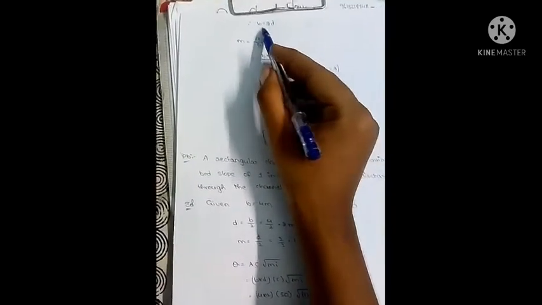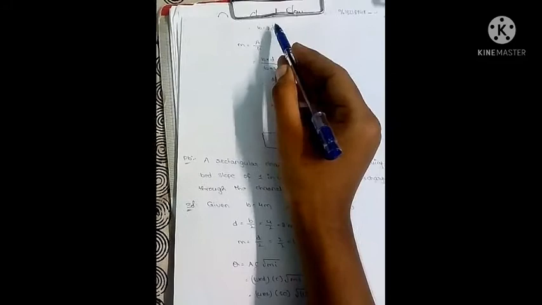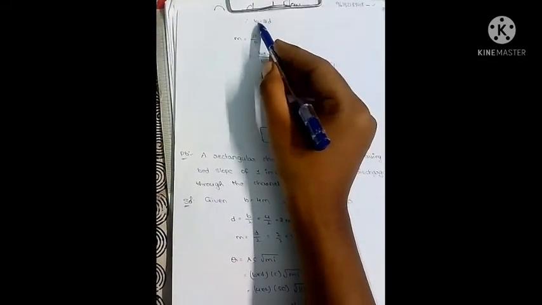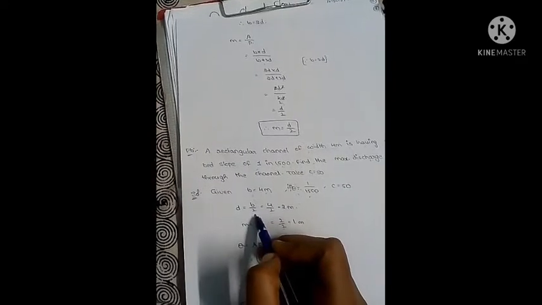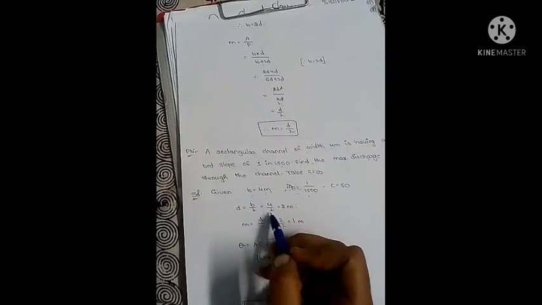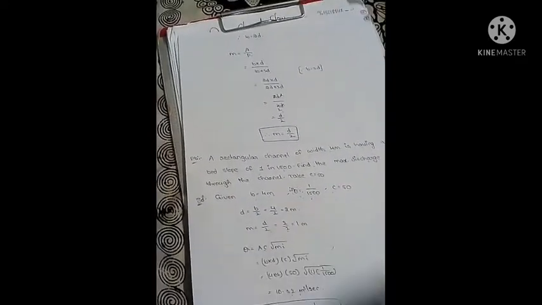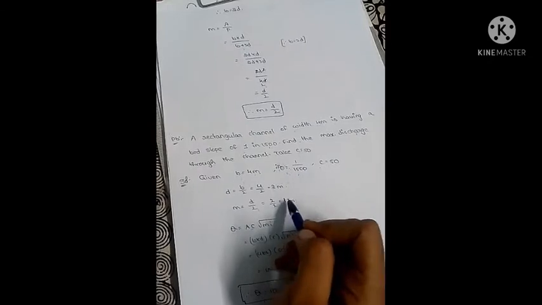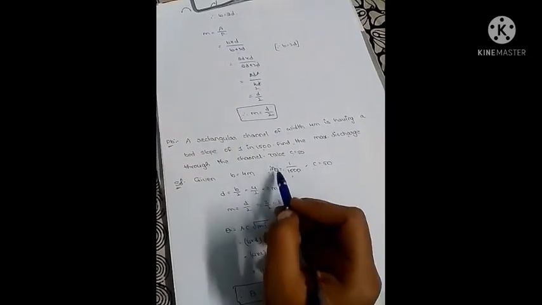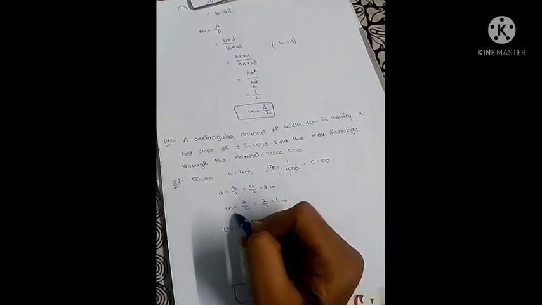Here we get b is equal to 2d, so d is equal to b by 2. What is b? 4 by 2, that is 2 meters. And m is equal to d by 2, so d is 2 by 2, that is equal to 1. We have the b value, theta value, C value, d value and m value.